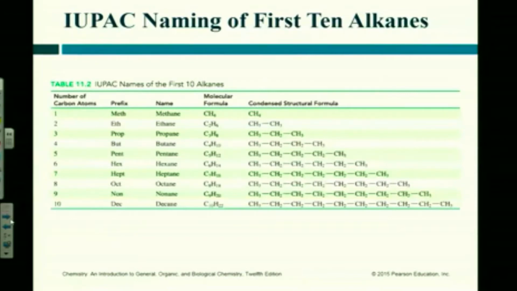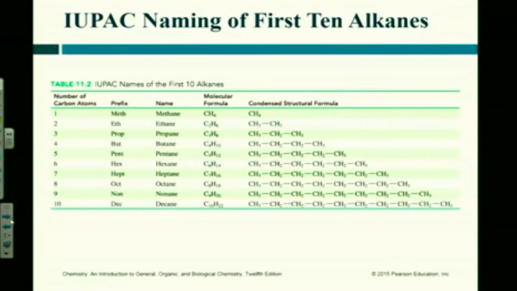I want you to know, for the final exam on the last day of class, at least the first 6. That's going to be helpful as we go forward to be able to name stuff. So you've got to know methane, ethane, propane, butane, pentane, hexane. Fair enough?